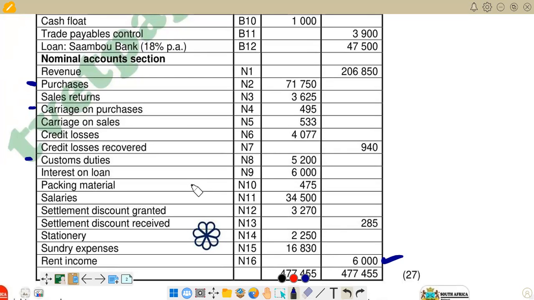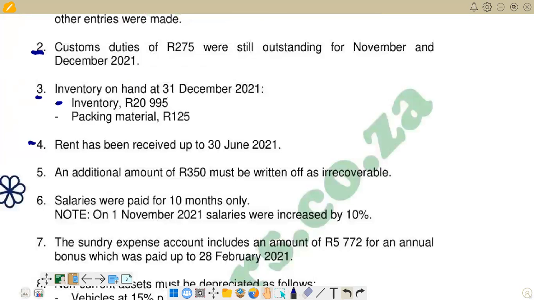What was used is the expense that we want to include in the statement of profit and loss. So we have packing material, which is 475. You go down to check on additional information. If you've got packing material at the end of the year, we'll see that we have 125 packing material. So it means this is what remained at the end of the year. So we want what was used. So we are saying the 475 that we are having in this balance minus this 125, then we get the one that was used. Then that one is an expense.